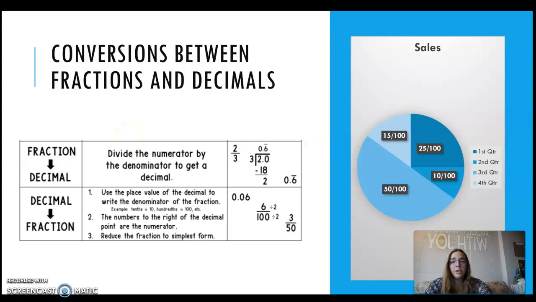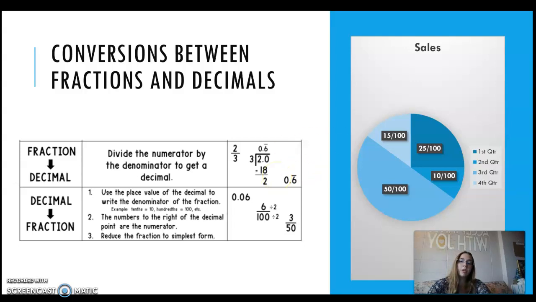Fraction to decimal: you divide the numerator by the denominator to get a decimal. This is shown in the example where I divided 2 by 3 and received the decimal 0.6 repeating.